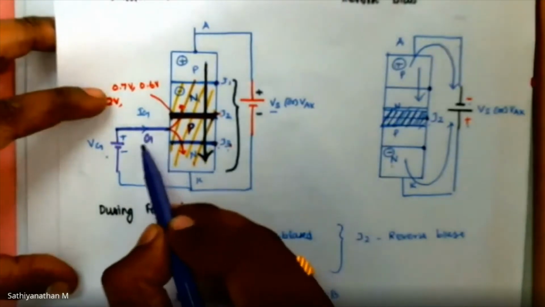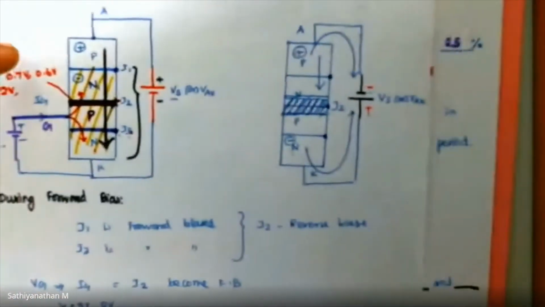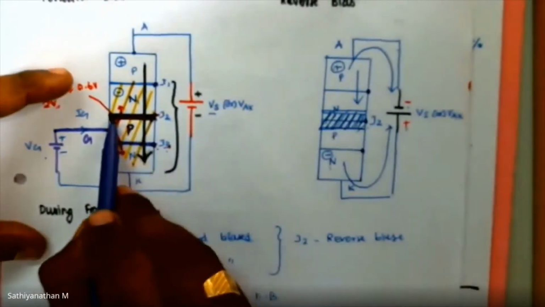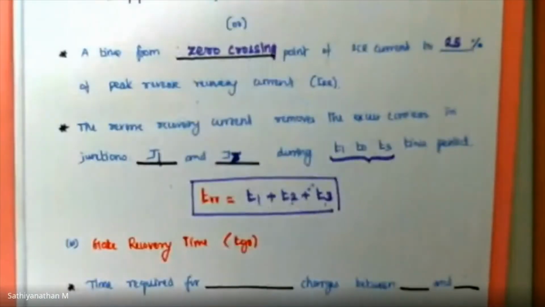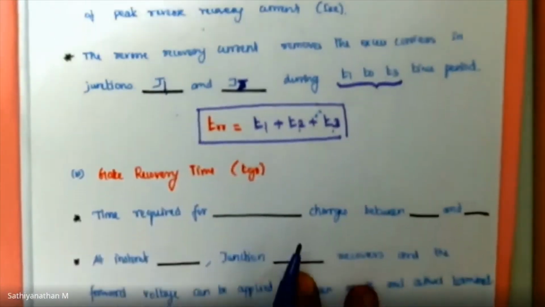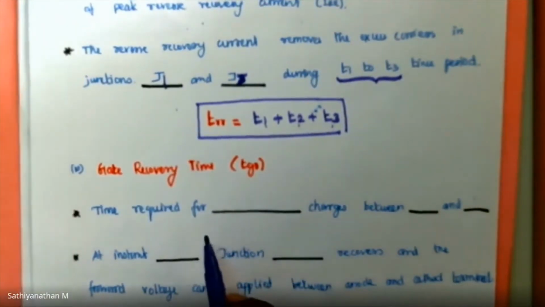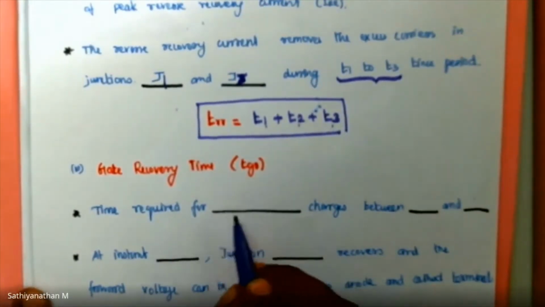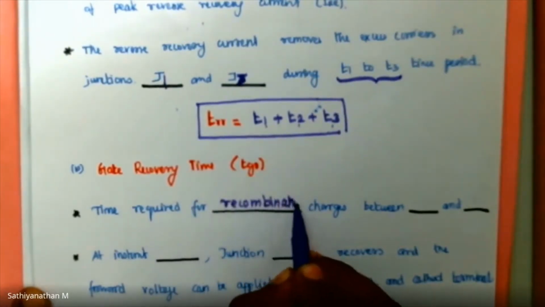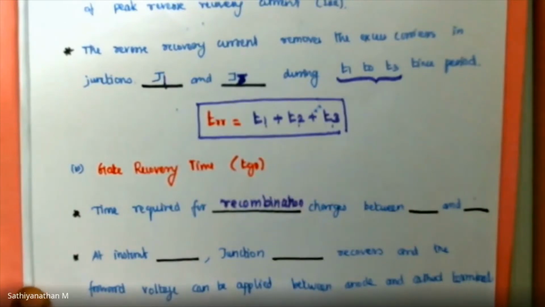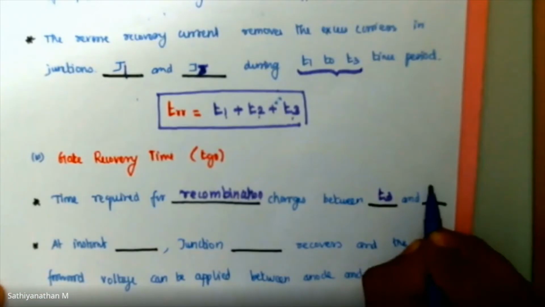So if you remove the gate terminal, you have to provide some time to recover the charges at the junctions J2 and J3. The gate recovery time is the time required by a gate for recombination of charges between the interval T3 to T4.